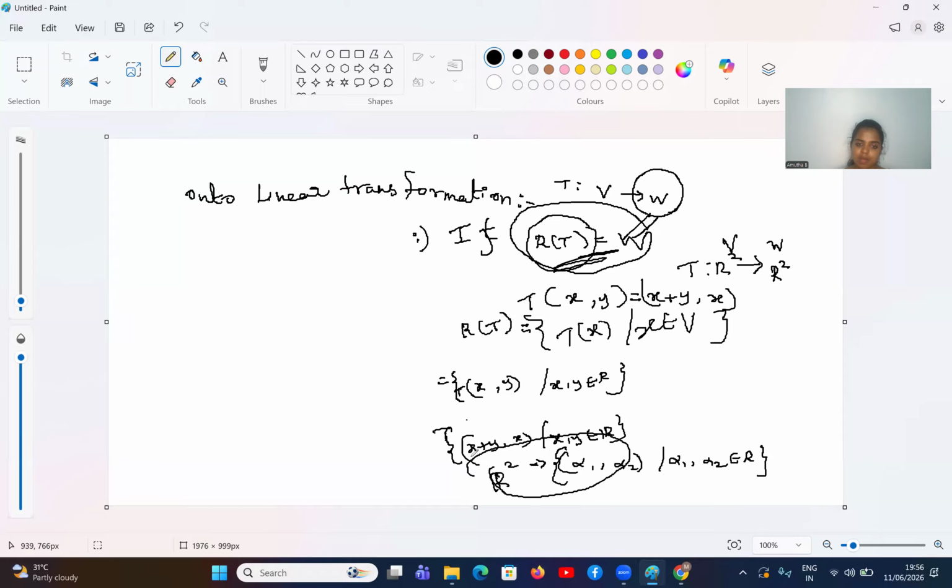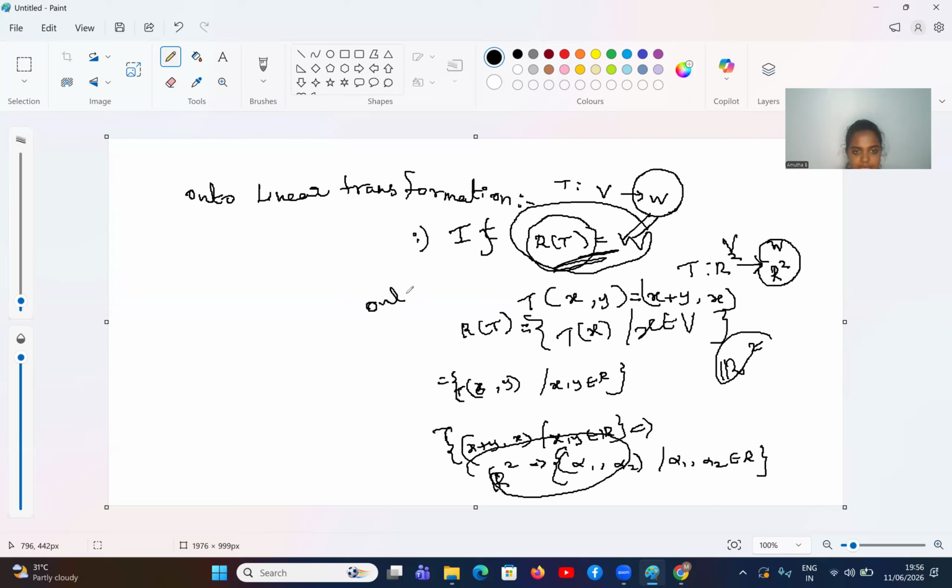So, the range of T generated the full W space. W is nothing but R2. So, the range of T gives R2 fully. So, this map is an onto map.